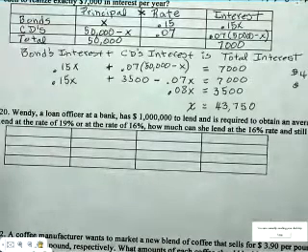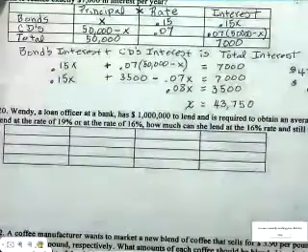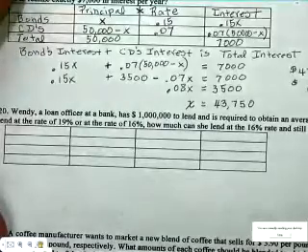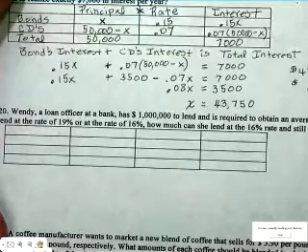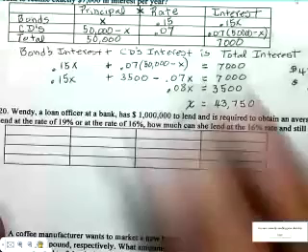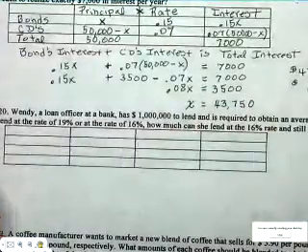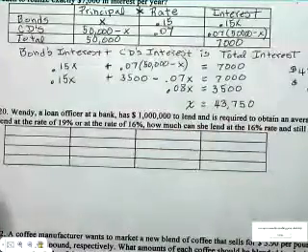Wendy, a loan officer at the bank, has $1 million to lend and is required to obtain an average return of 18% per year. If she can lend at the rate of 19% or at 16%, how much should she lend at 16% and still meet her requirement?